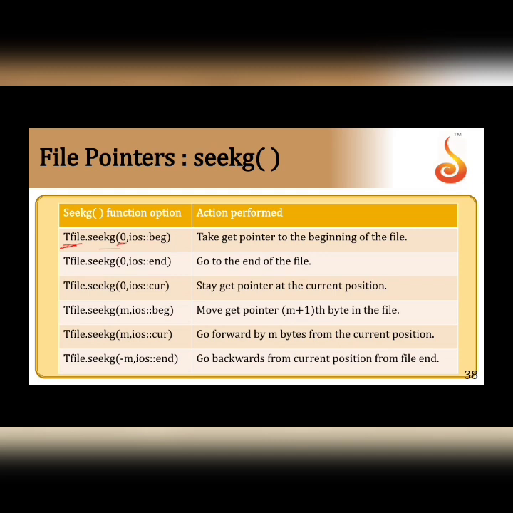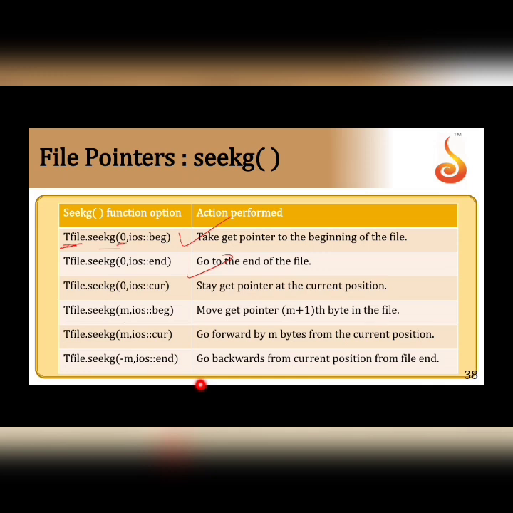And then (0, ios::end) goes directly to the end of the file. Then (0, ios::cur): stay at the current location, don't move. Wherever the get pointer is, it would be placed there only.